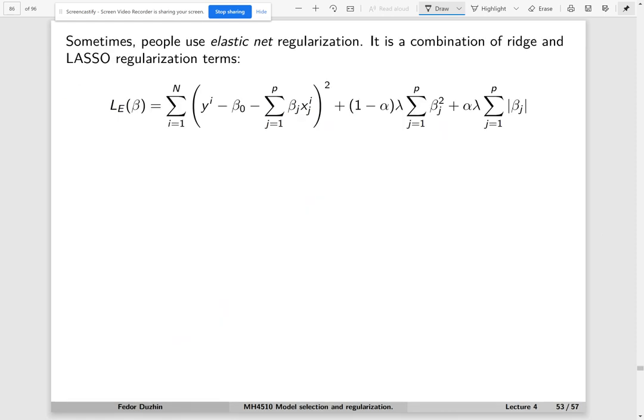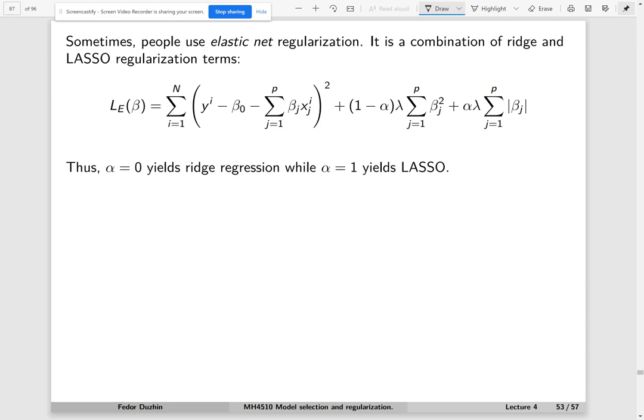So sometimes people mix the two of them together, and this is called elastic net regularization, right? So this is a combination of ridge and lasso regularization terms. Here, if alpha is 0, we will get ridge regression. If alpha is 1, we will get lasso regression.